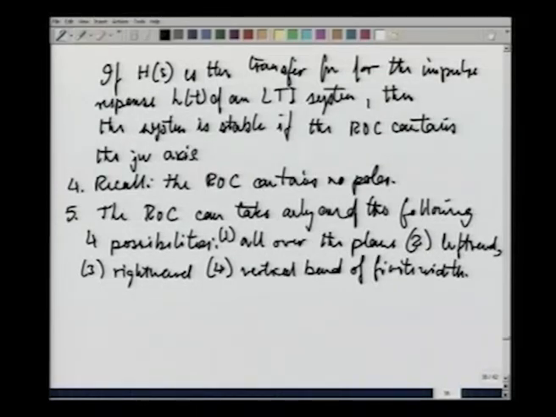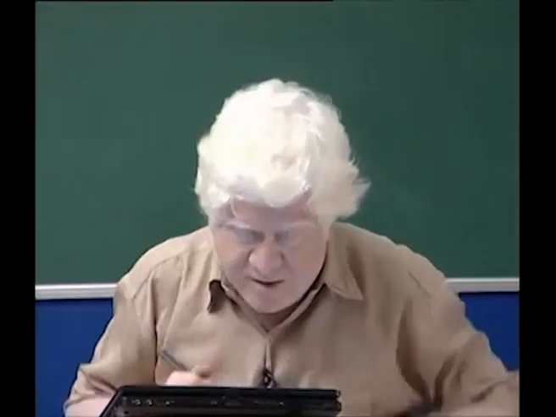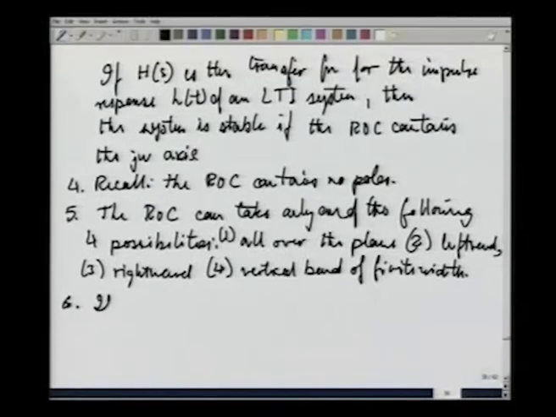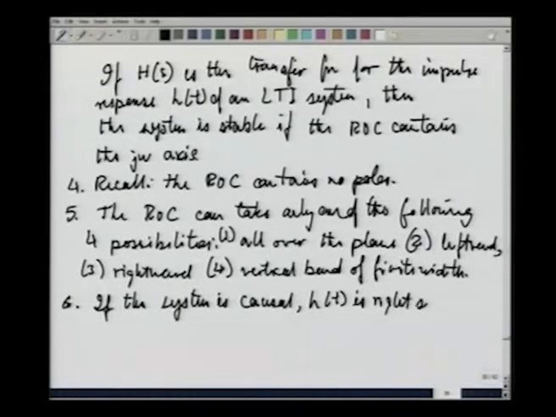Now, if the system we are concerned with is causal, h(t) is right sided. And the ROC will be rightward, assuming it exists, of course.